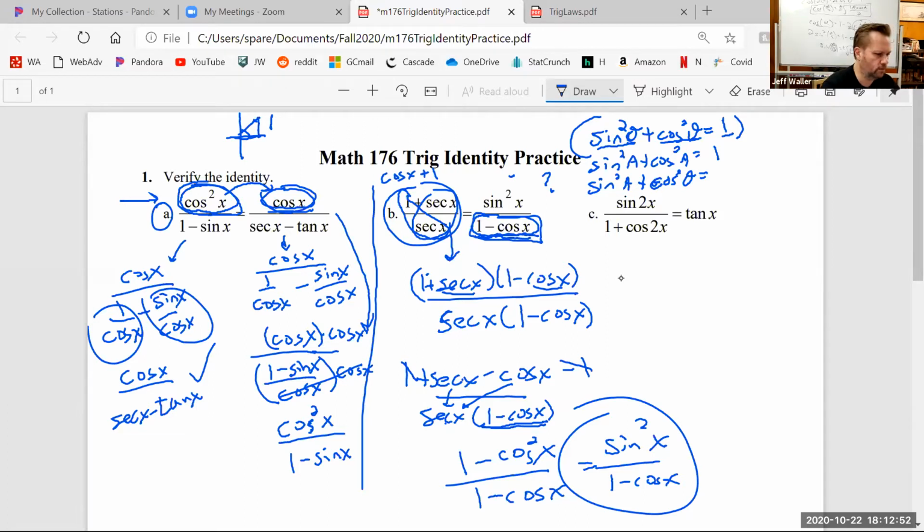Is that right? Okay. So you don't always have to take it to sine and cosine. You can work with it as it is. If you don't see what to do, then putting it in terms of cosine and sine might show you some stuff to try. I just want you to really get what you're allowed to do here, because you're not going to try it if you don't even know you can.